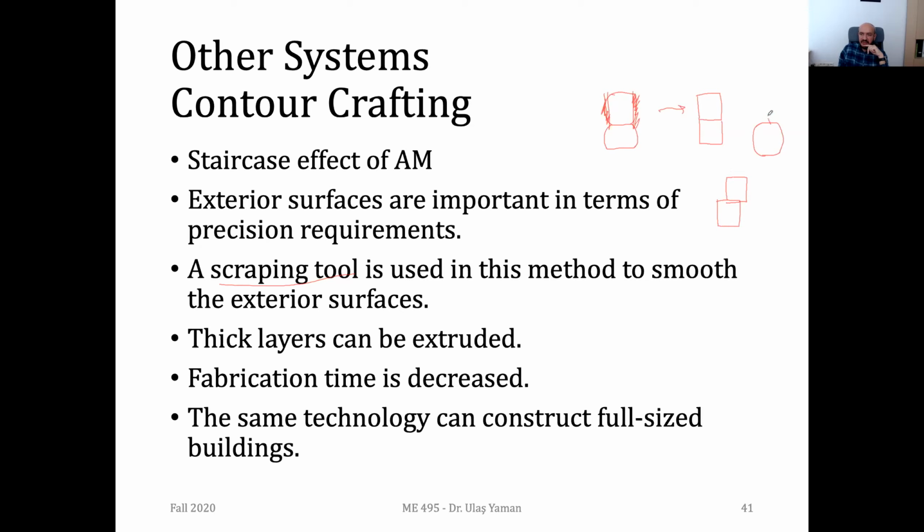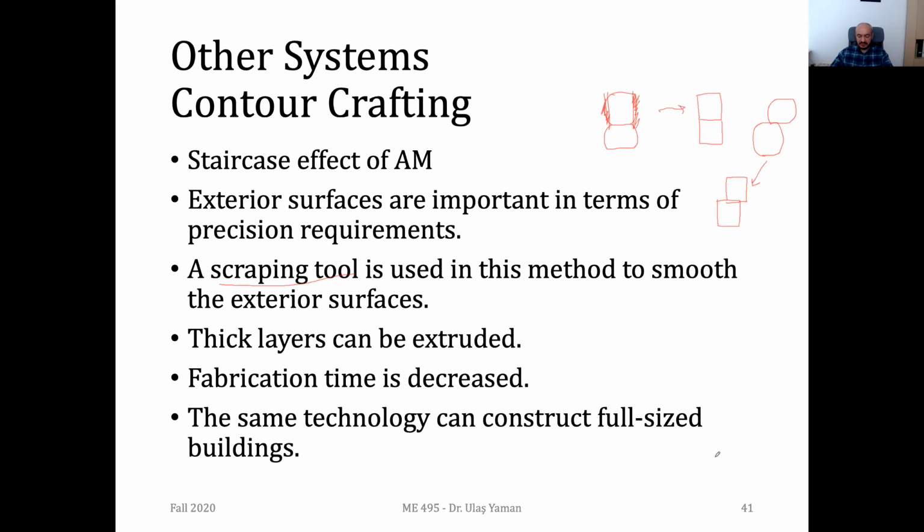That will be the staircase without using the scraping tool. But once you use it, then you'll have a perfect staircase. And with the help of the scraping tool in contour crafting, the layers might be thicker than in the conventional approach. Another advantage of this method is that you can do the fabrication in a shorter time.